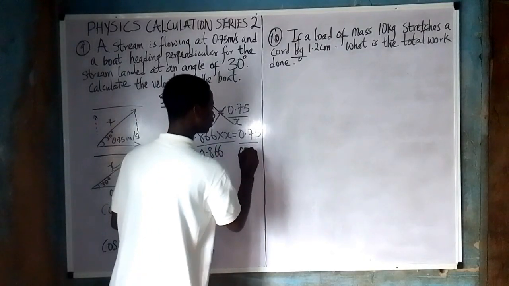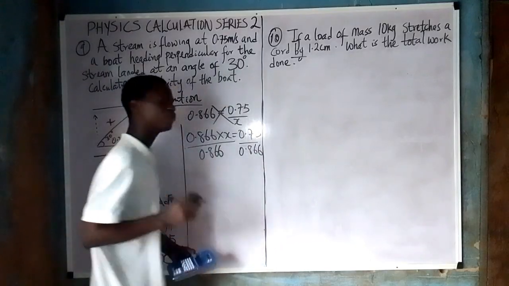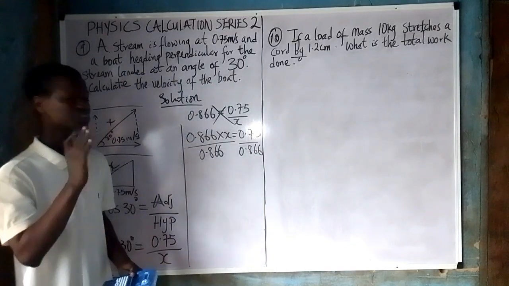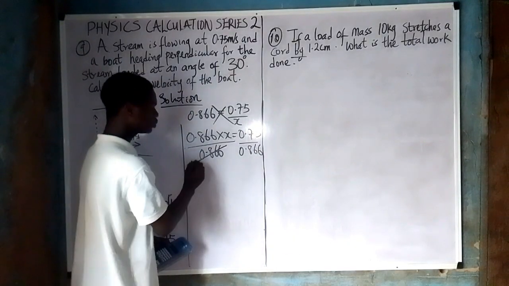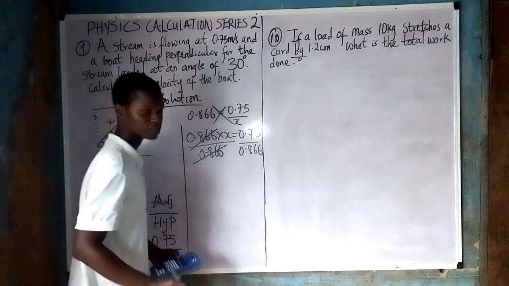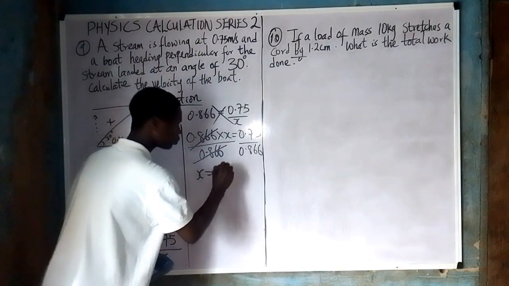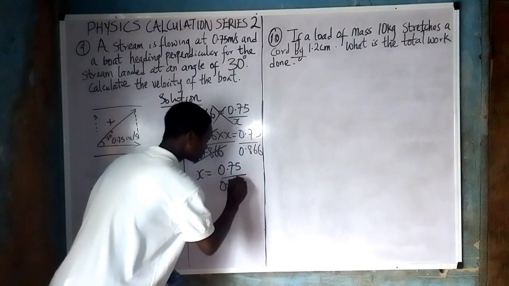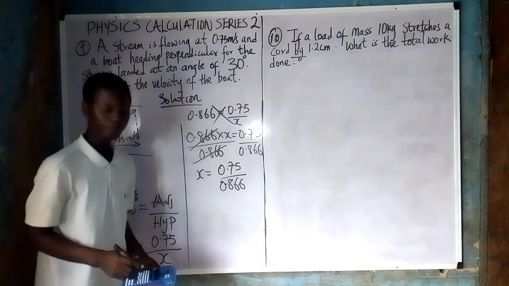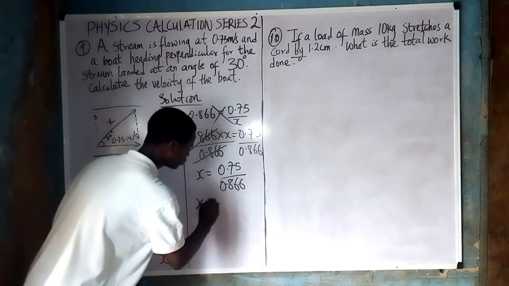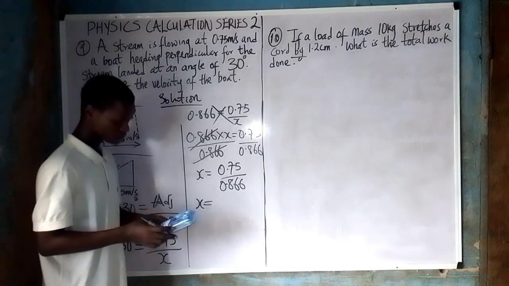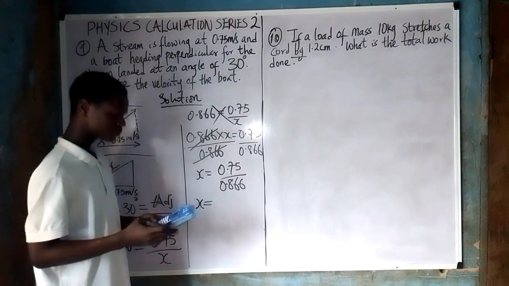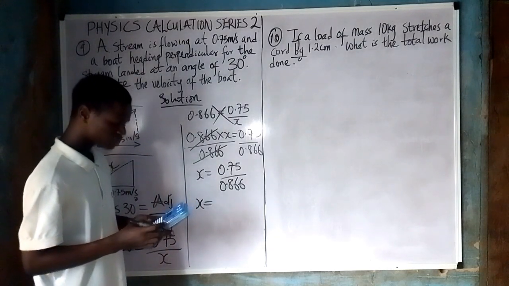Divide both sides by 0.866. Now we cancel this. What is left here? You have just x. x is equal to 0.75 over 0.866. That's what we get: 0.75 divided by 0.866.